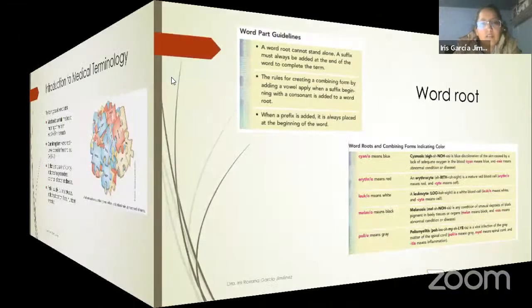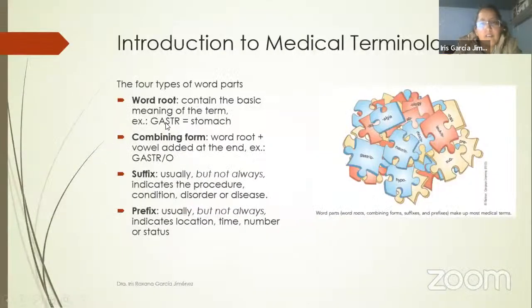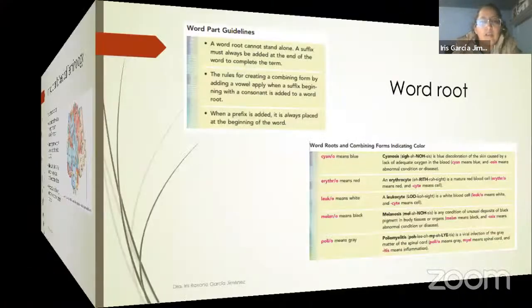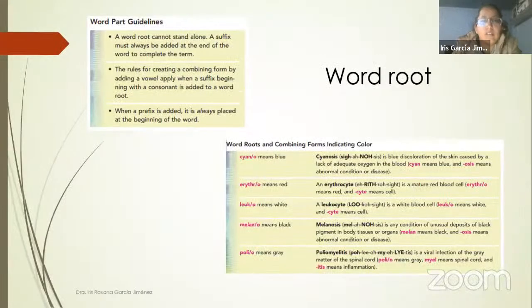If you just say gaster, or you consider that it's a good abbreviation, it's a mistake because you're not telling anything. That's why you have to understand that the suffix is one of the most important parts in order to get the correct construction of the words, okay?